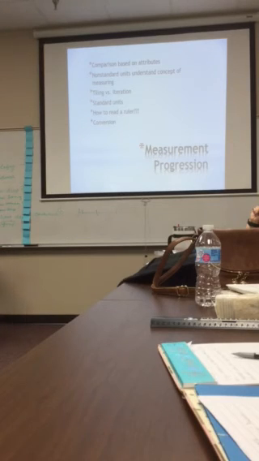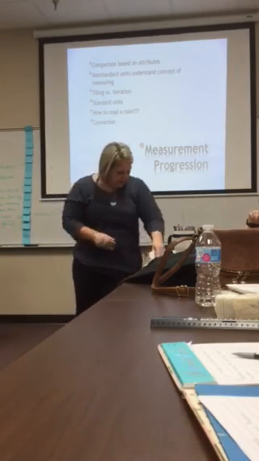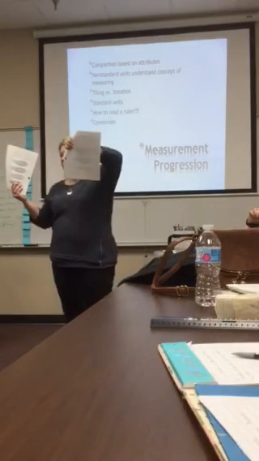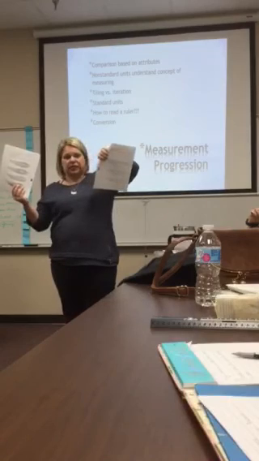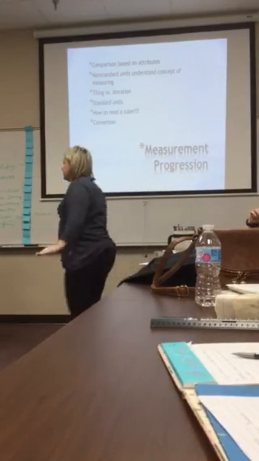Or some rulers start at the very edge of the piece of wood or the piece of plastic. Some rulers have this much space. So there are a lot of little things that cause students to go awry on rulers, and these two pieces of paper have some of the misconceptions or the errors that students have measuring, and you're going to look at those.